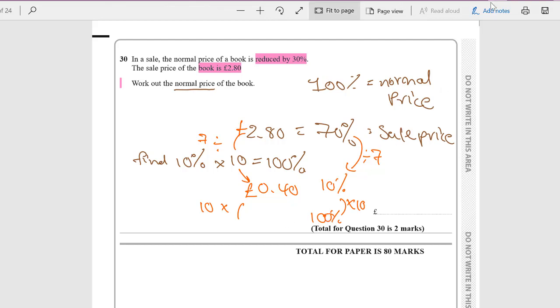I'll write that out a bit neater. Okay. And then here we'd get £4. £4 essentially. So the answer is £4. The normal price of the book is £4.